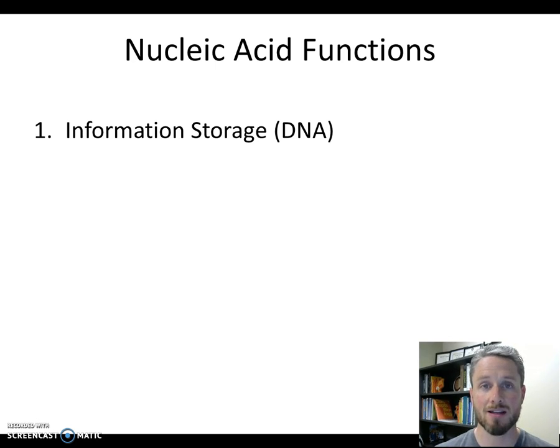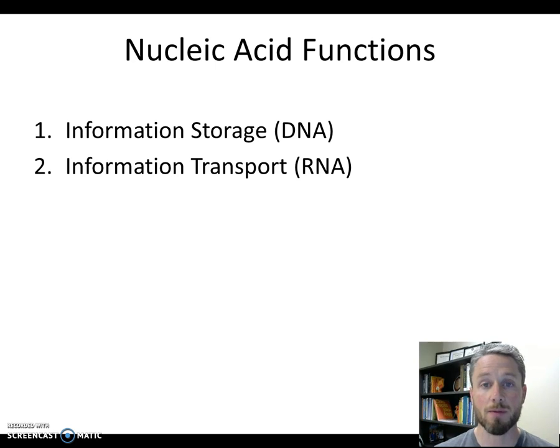So all the information a cell needs is in its DNA. The second function that nucleic acids perform is to move that information around. So as we go through the course, we'll talk about how information is used in different places in the cell. And it's the job of RNA, another kind of nucleic acid, to move the information from one place to another inside the cell.